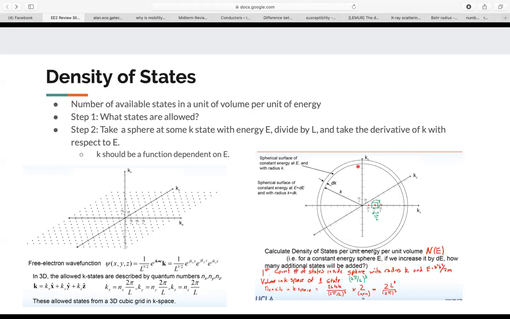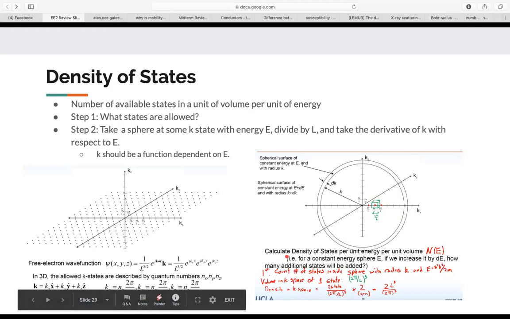So you get the k's divided by the volume, and then you take the change with respect to the change in energy.